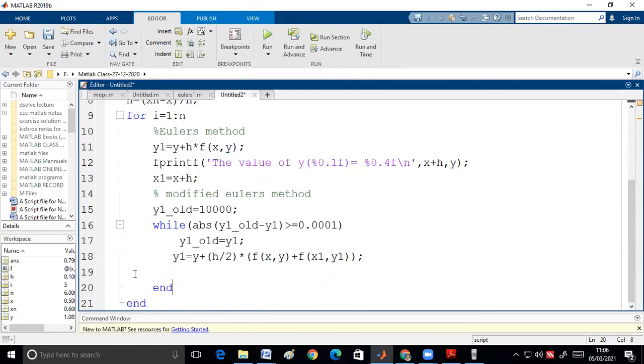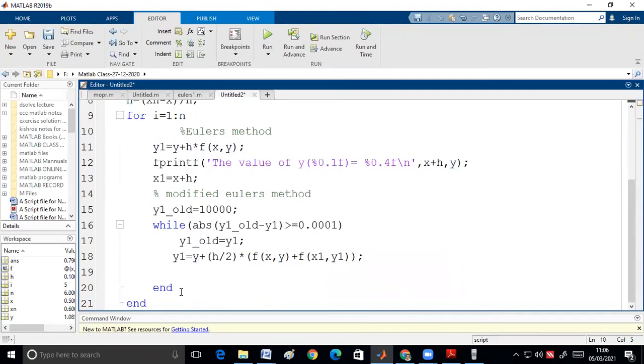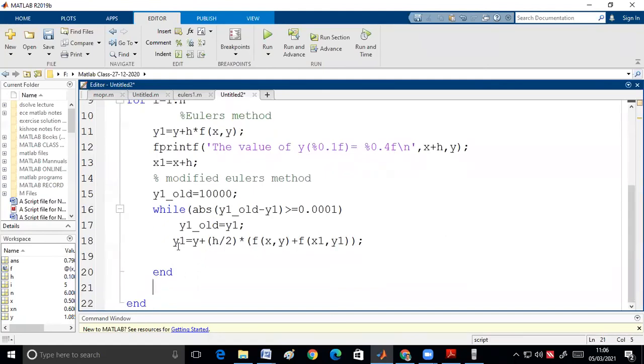After that, for repeatedly applying, the outer for loop, now I will give the x value after the while loop. Now x equals x1 and y equals y1.